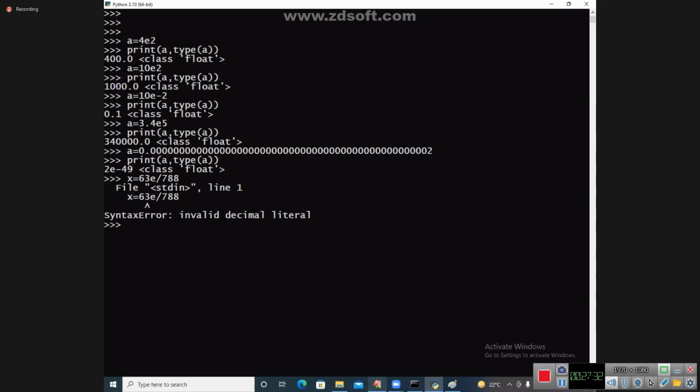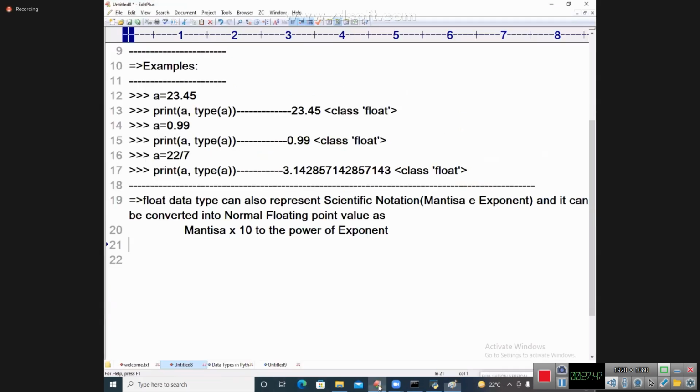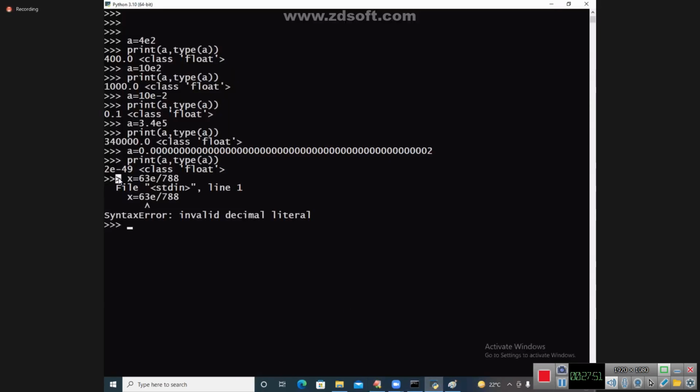So please take care. I explained this: mantissa E exponent, mantissa into 10 to the power of exponent. I just mentioned it. So that is not a valid thing. This is called a complete blunder. It is an invalid thing.